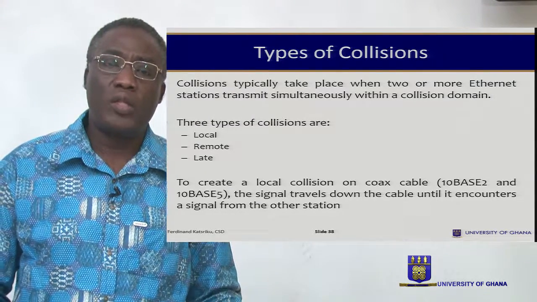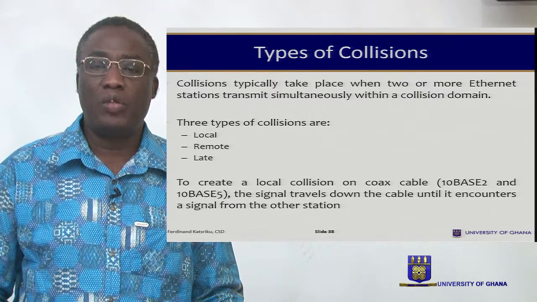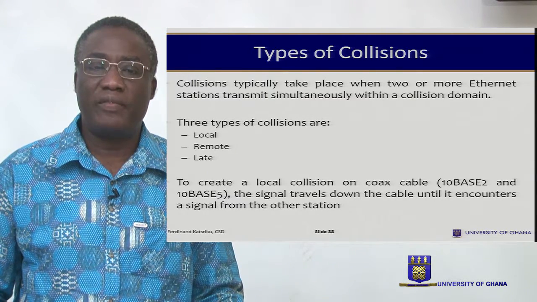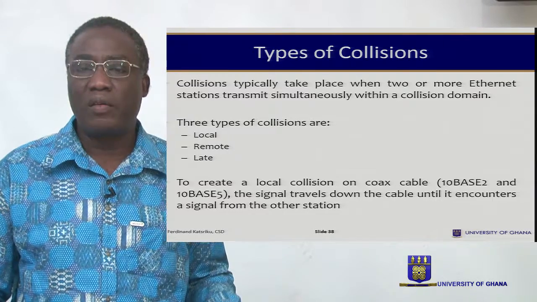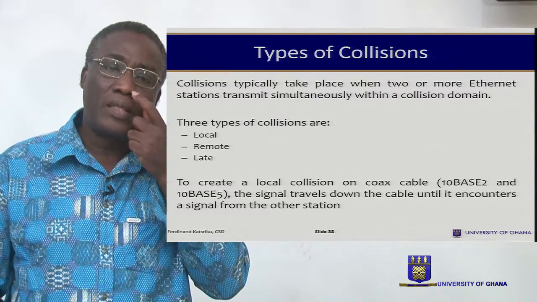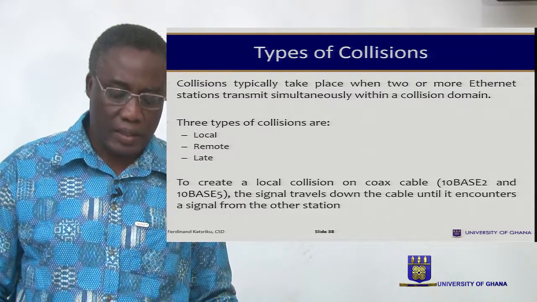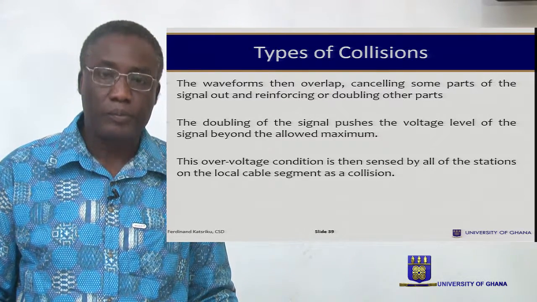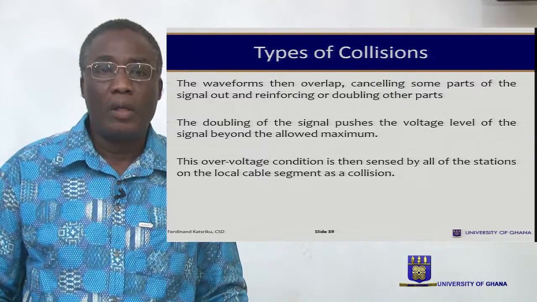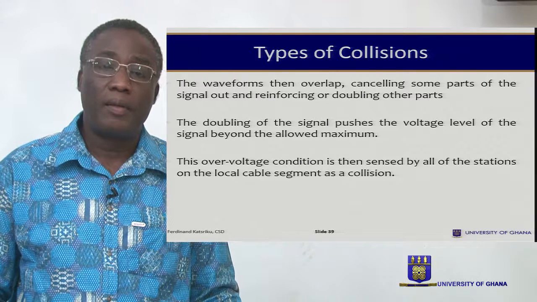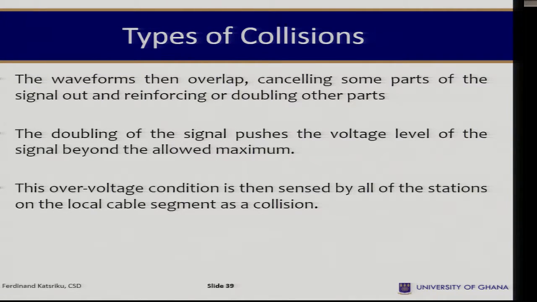To create a local collision on a coax cable, 10BASE2 and 10BASE5, the signal travels down the cable until it encounters a signal from another station. The waveforms then overlap, cancelling some parts of the signal out and reinforcing or doubling other parts.